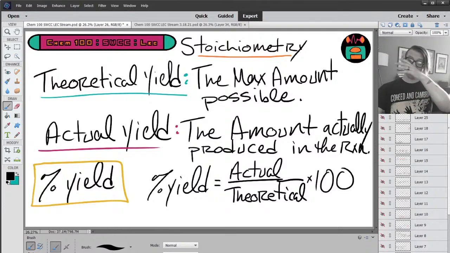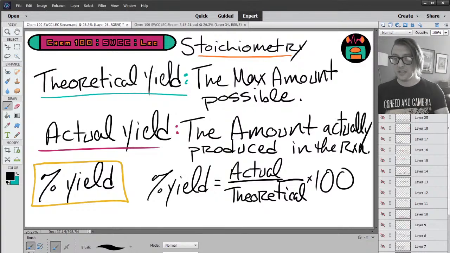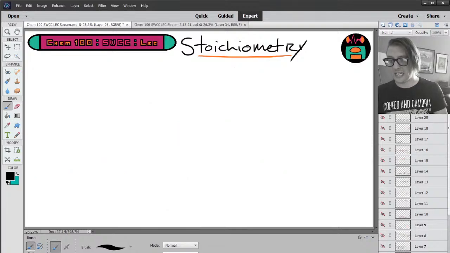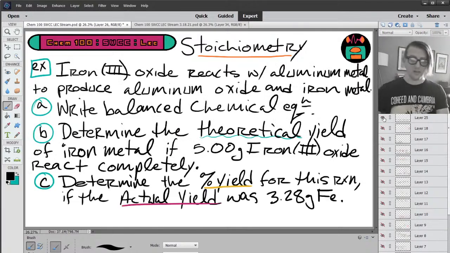Okay, so we've just discussed our theoretical yield, our actual yield, and our percent yield. Let's take a look at that part C. Part C says determine the percent yield for this reaction if the actual yield was 3.28 grams.